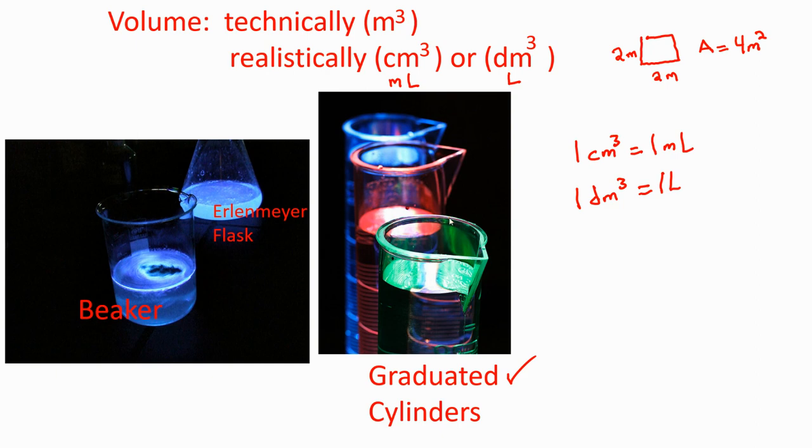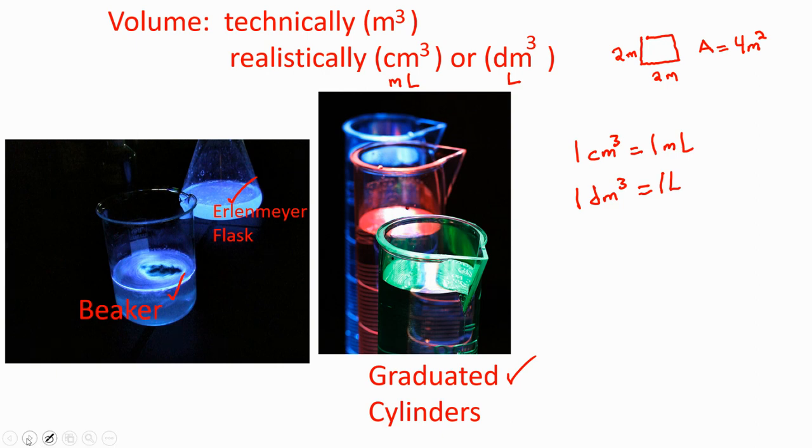Or if we wanted to transfer liquids from one place to another, we might use a beaker pictured here. If we wanted to be able to stir a liquid, we might use something like an Erlenmeyer flask, which is also known as a conical flask. It's used for stirring because it won't easily spill out. So we do measure volume all of the time.